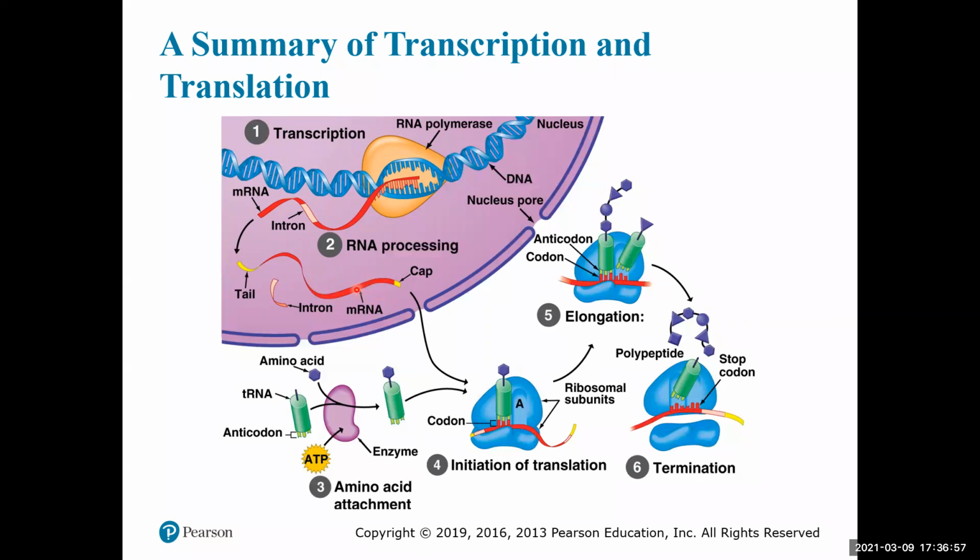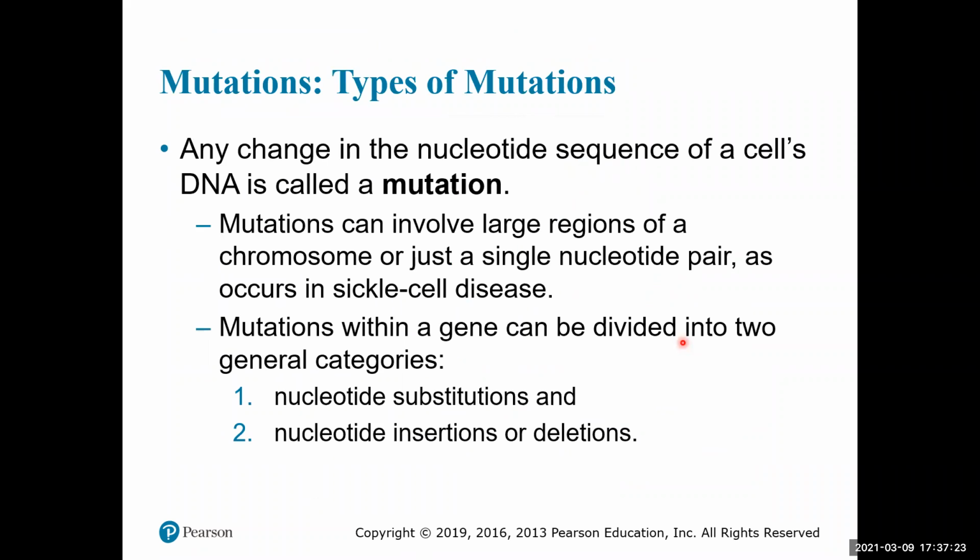Then that messenger RNA will leave the nucleus out of the nuclear pore and into the cytoplasm, where it will then join with the ribosomal subunits and tRNA molecules in translation to build a polypeptide and to make a functioning protein.